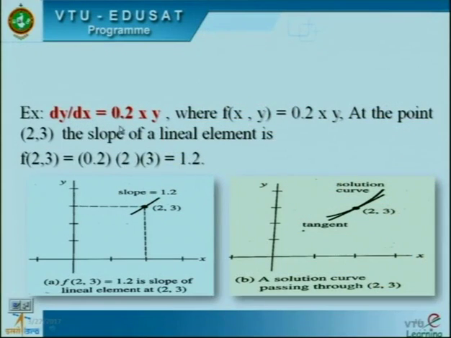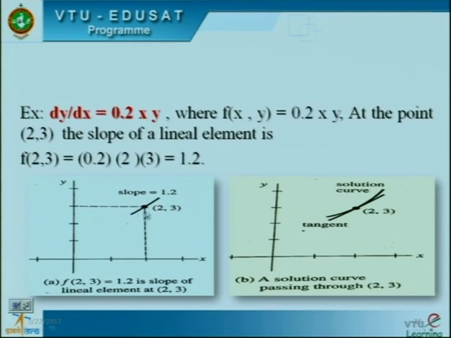Say for example, here they have given a first order differential equation dy by dx is equal to 0.2 x into y. As I have mentioned, we assign a function of x y to dy by dx, where f of x y is equal to 0.2 into x into y. At the point 2 comma 3, the slope of the linear element is, here linear element means we can find a small tangent about a particular point.